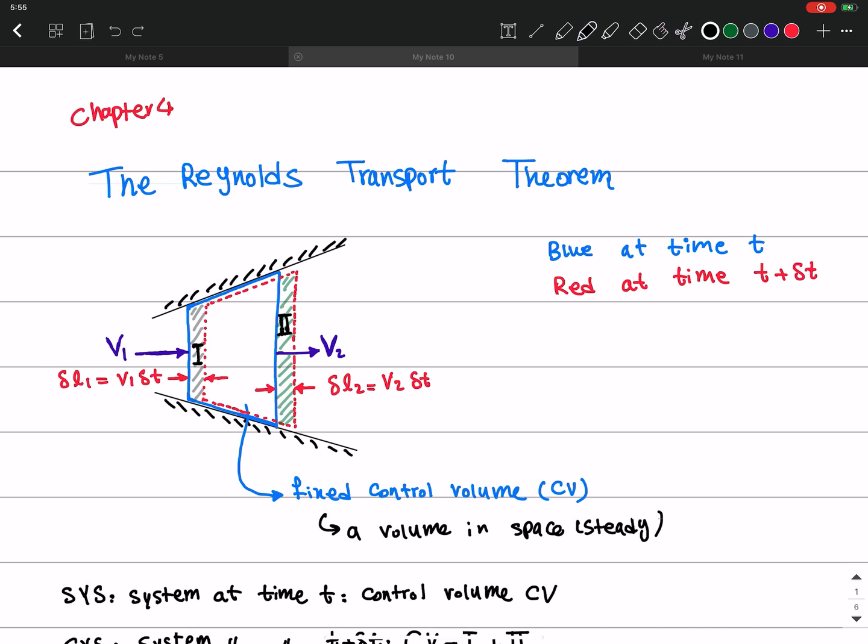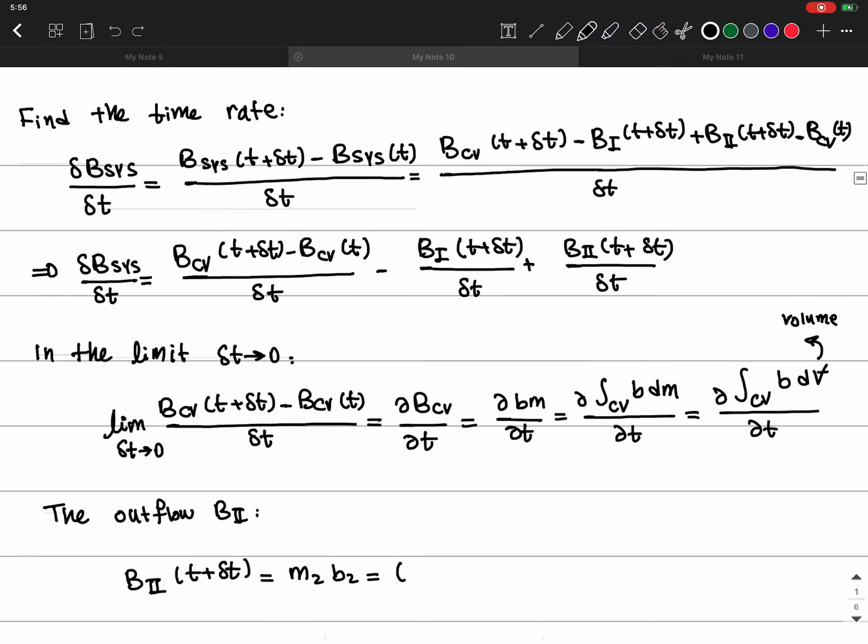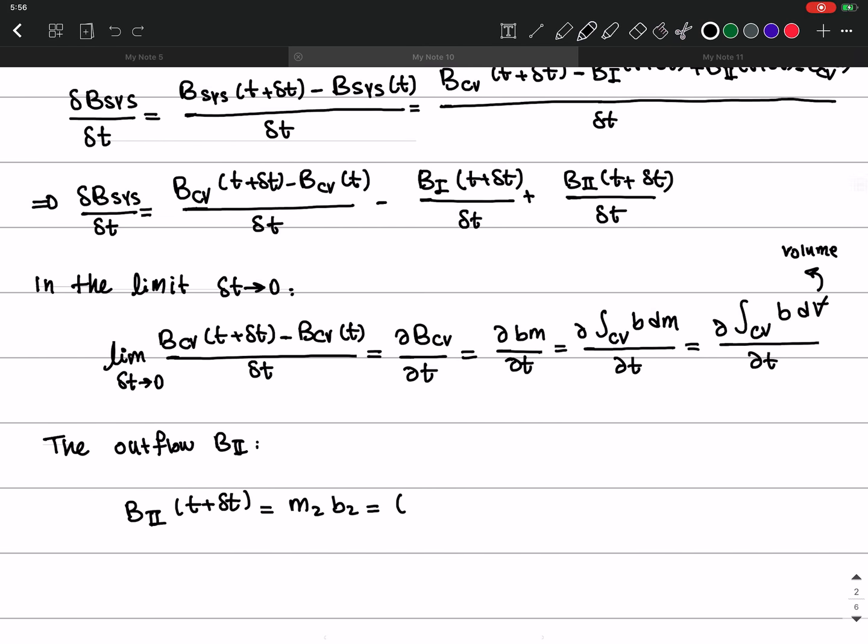So for the outflow B2, I can write B2 at t plus delta t equals to M2 b2, which is just the definition of capital B, which is m times b, which equals to rho 2 delta V2 times b2.